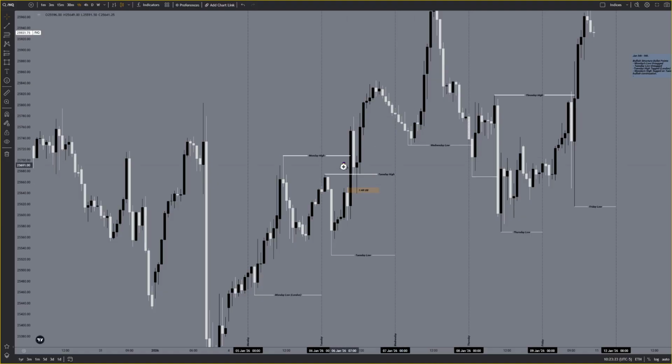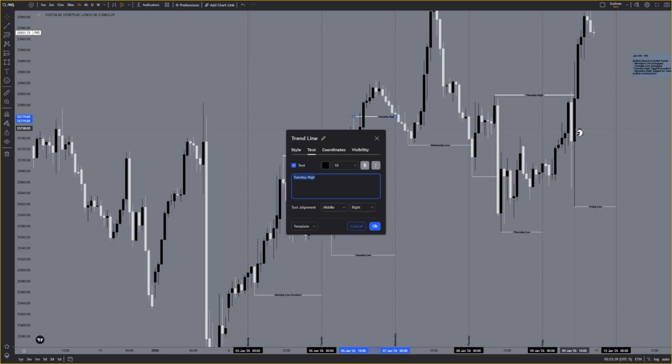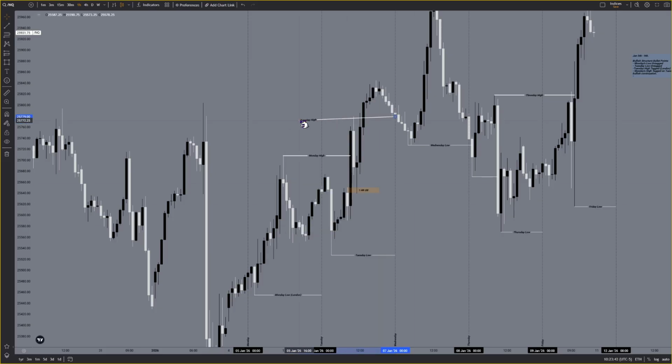So this high back here on Tuesday, it now becomes void because we end up making the higher high here on the 10 o'clock candle, which is the next 4 hour PO3. Make this big, rotate this to the left, and I will drag it out.